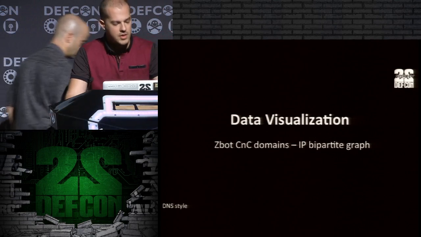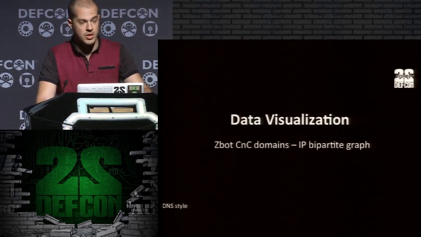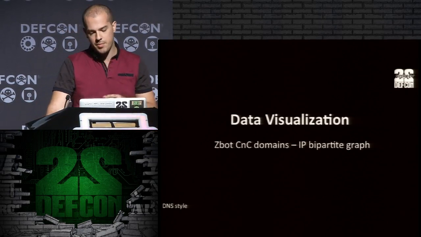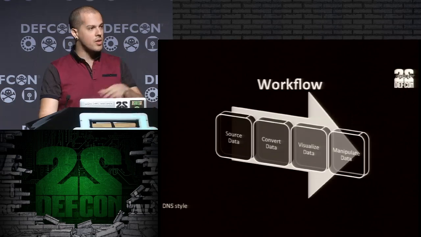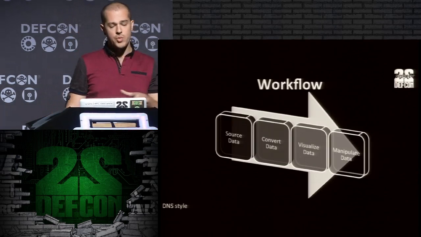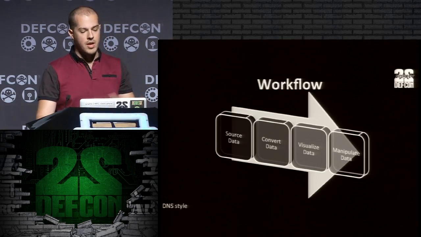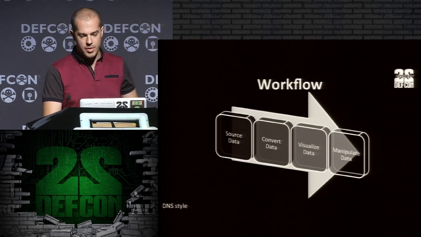Yeah, so Dhia just explained two different methods to extract some graph data linking ZBot CNC domains with their IPs. So first let's take a look at how we're going to visualize that. First we have the source data, which is pretty much the logs, like the stream. Then we can convert the data using our own Python library. Then we're going to visualize it and manipulate it a little bit.